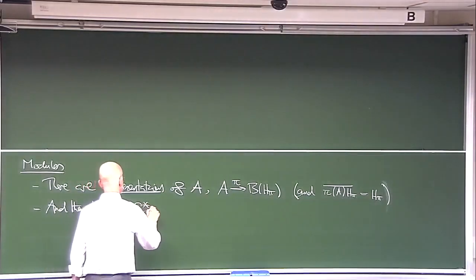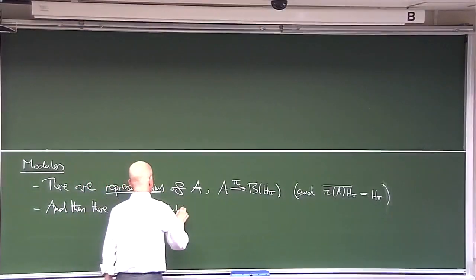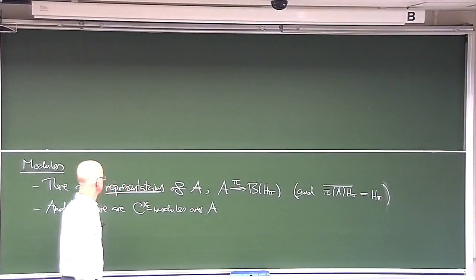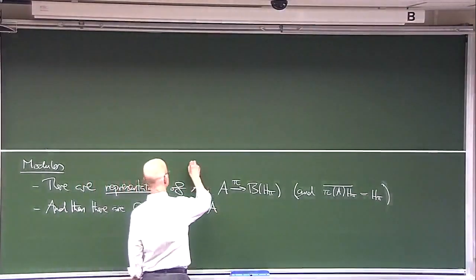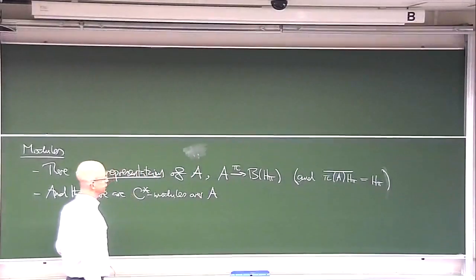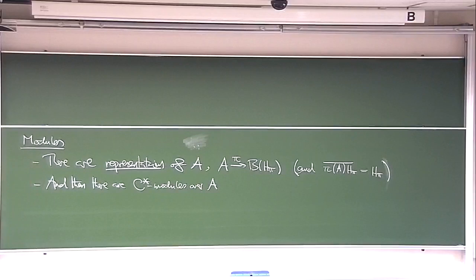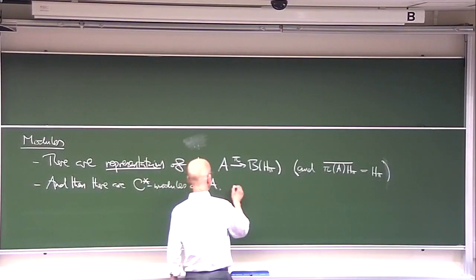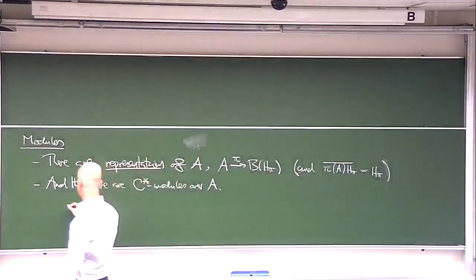Which I'll call C-star modules over A. Let me tell you what these are. Let's give them a name. Let's just write down the axioms.